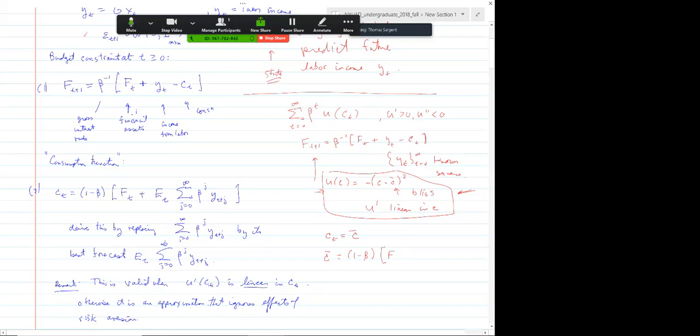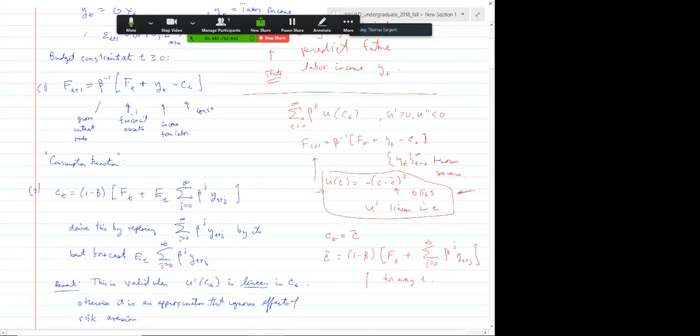This was actually always true. It's equal to Ft plus summation j equals 0 through infinity, beta to the j, yt plus j. We got that formula. And this formula held for any t. If you don't remember that, we can go back and get it. But right now, I just want you to believe me that that's what we got when yt was a known sequence.